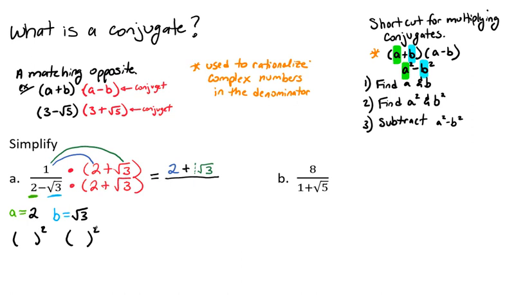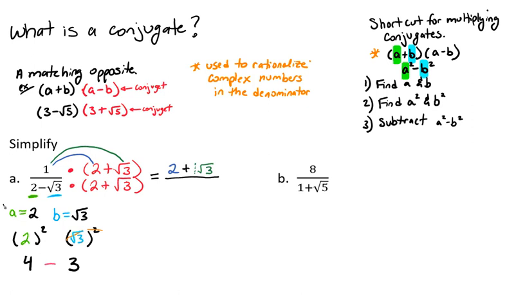So we'll go ahead and plug in our values, 2 and the square root of 3. And 2 squared is 4. And the square root of 3 squared, well, that ends up making the square root and the square cancel out, which is going to drop down our 3. And then we're going to subtract those.